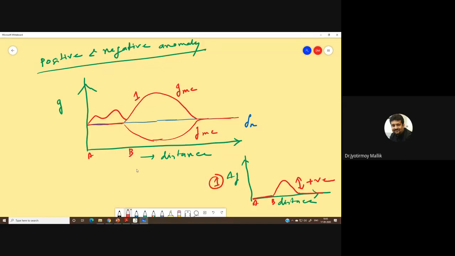For case 2, I draw distance, plotting delta G. From A to B, it will still be 0, and then for case 2 I'll have this, and then again from point C it will become 0. But my gravity anomaly is negative.